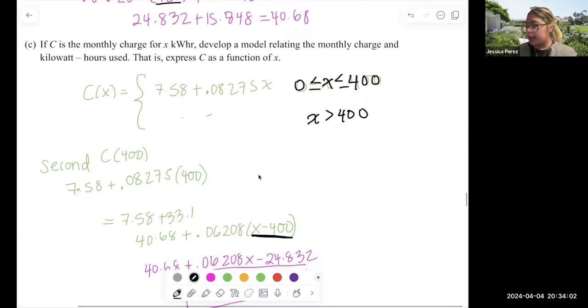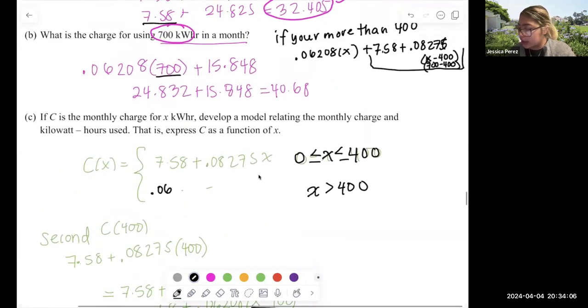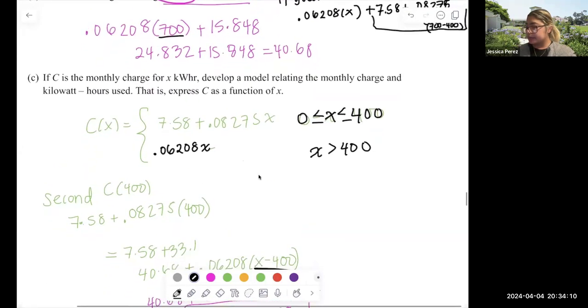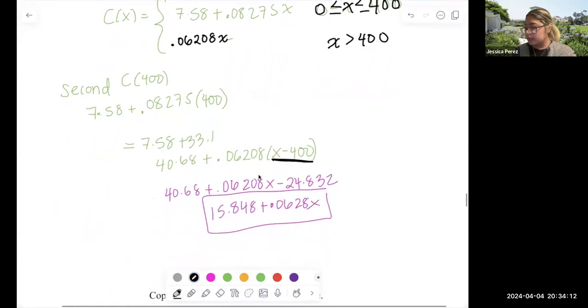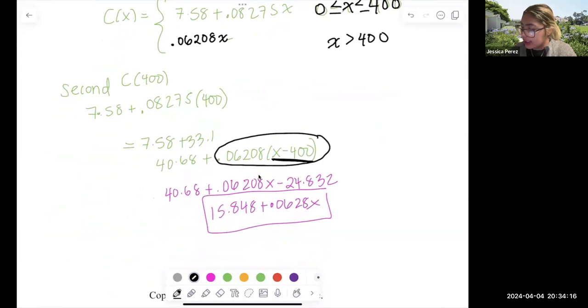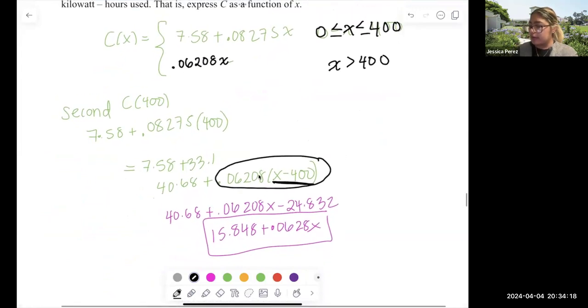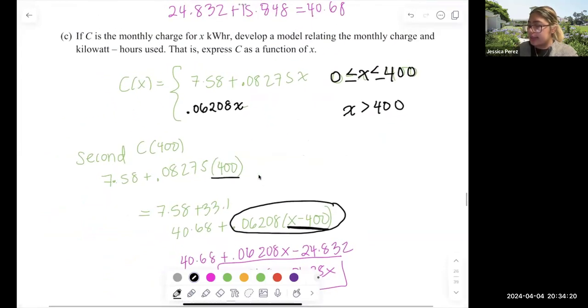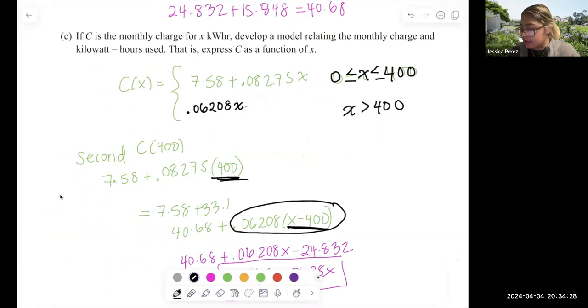Then that's where you use this 0.06208 times X, plus the difference that we found because you're passing the 400. So we use the 7.58 plus 0.08275. So this is the initial.